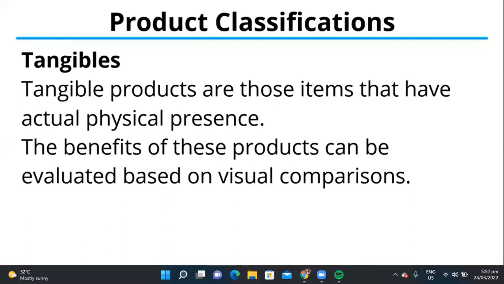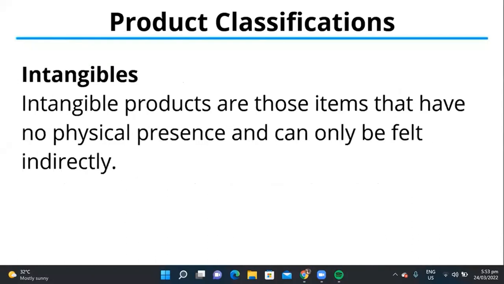So ito talaga nahahawakan natin at nakikita natin. While yung intangible products are those items that have no physical presence that can only be felt indirectly. So ito yung tinatawag nating service. Yan. Wala siyang physical item, hindi siya nahahawakan, pero napi-feel natin.